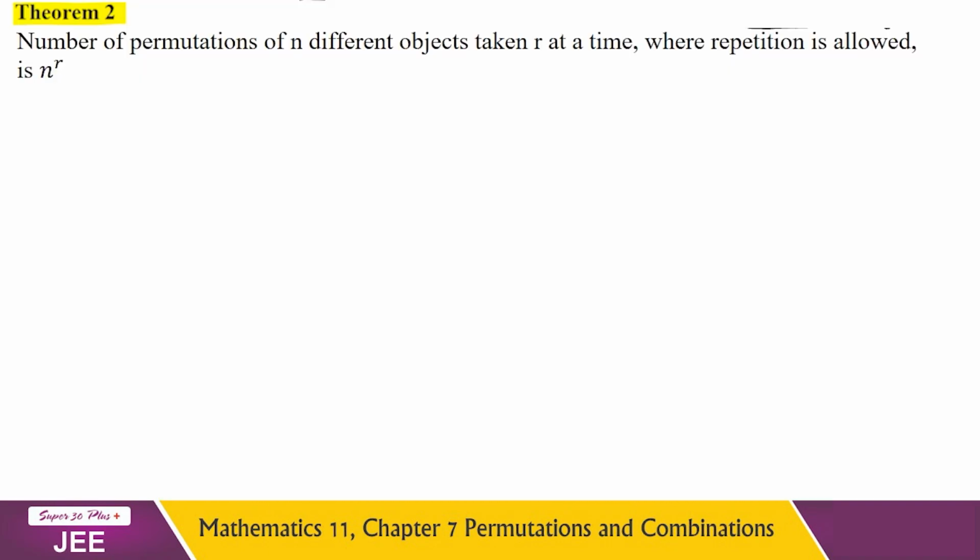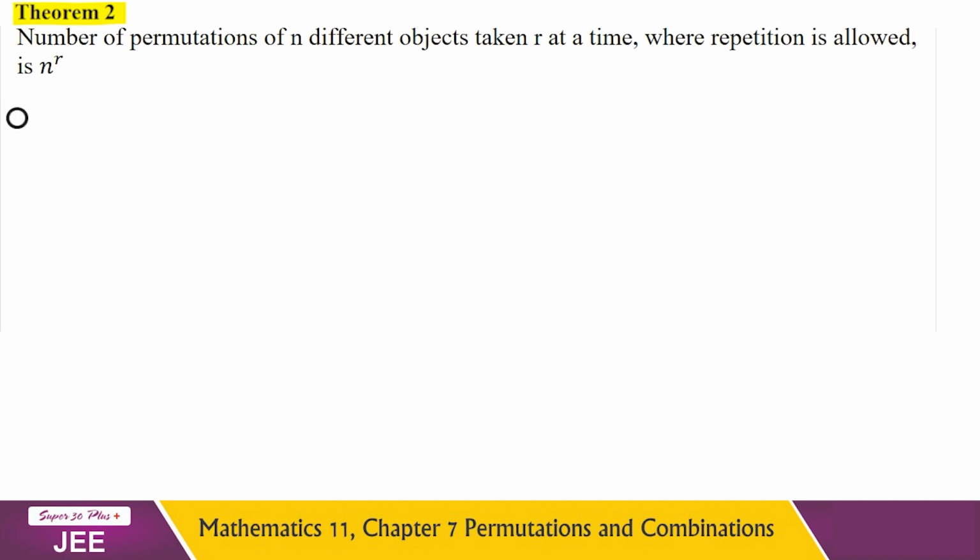Now let us take another theorem which is based on permutation itself. In this lecture also we will discuss a bit more about permutations. Theorem 2 says: number of permutations of n different objects taken r at a time where repetition is allowed.